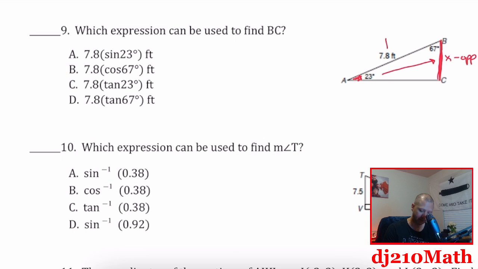And what did they give us? They gave us the hypotenuse. So opposite and hypotenuse. But this is getting very repetitive. So opposite hypotenuse, that's going to be sine, right? SOHCAHTOA, opposite hypotenuse, sine. So sine of the angle, 23, is equal to x over 7.8.